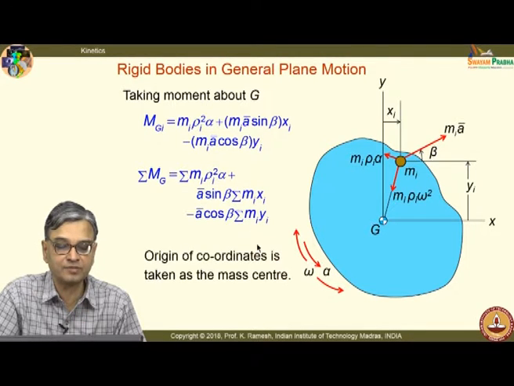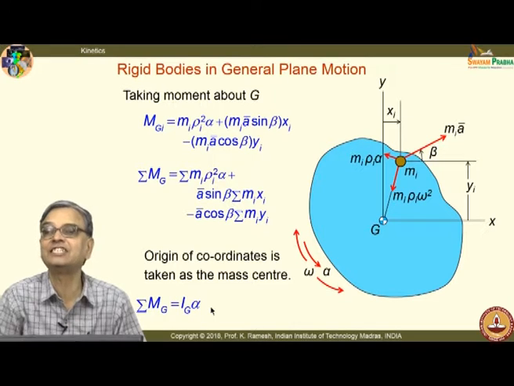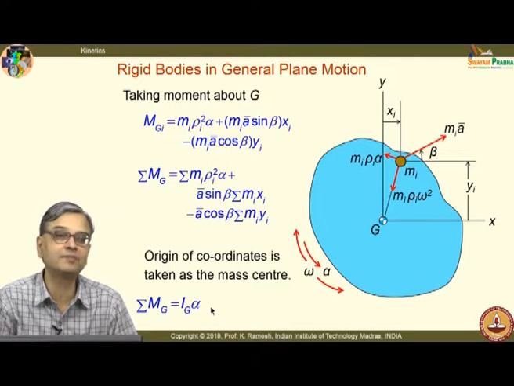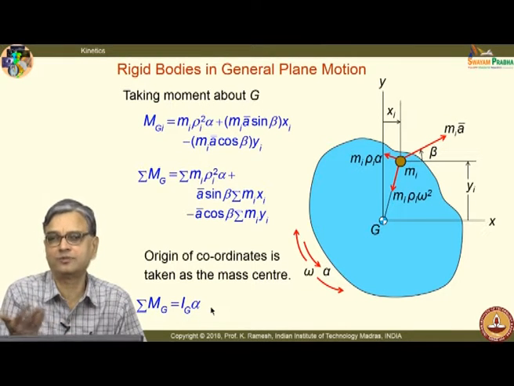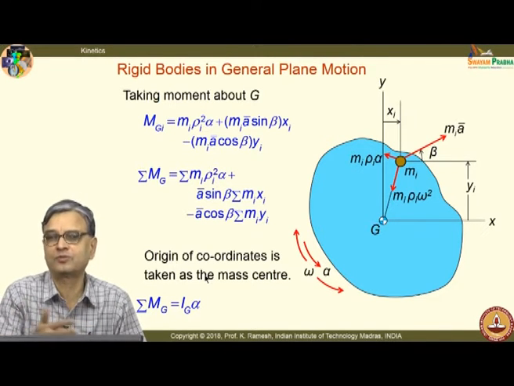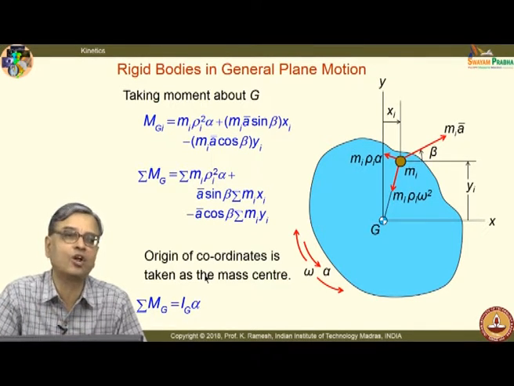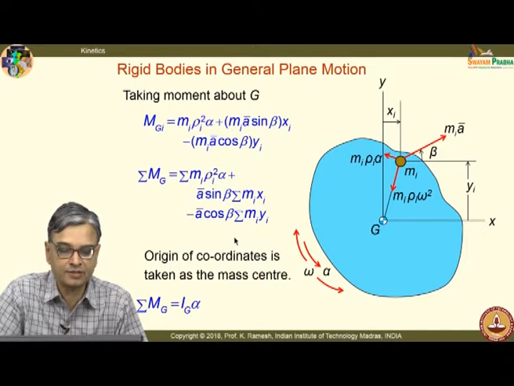So, these terms go to 0, and I get a very elegant expression, summation of moment about G is Ig into alpha, where Ig is the mass moment of inertia, which you will have to learn. You must have learnt it already in your earlier courses. Please brush up. There are several theorems also. You have the parallel axis theorem and all that; brush it up for this course again. I am not going to discuss that.